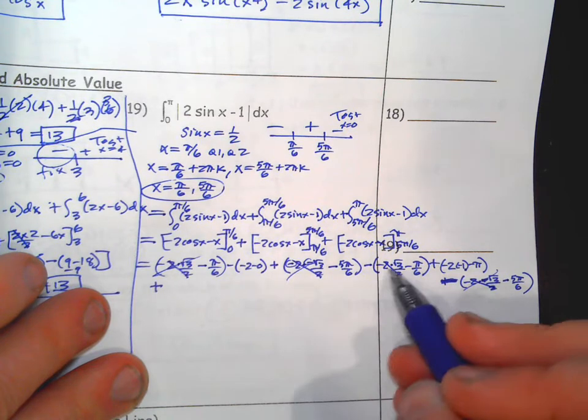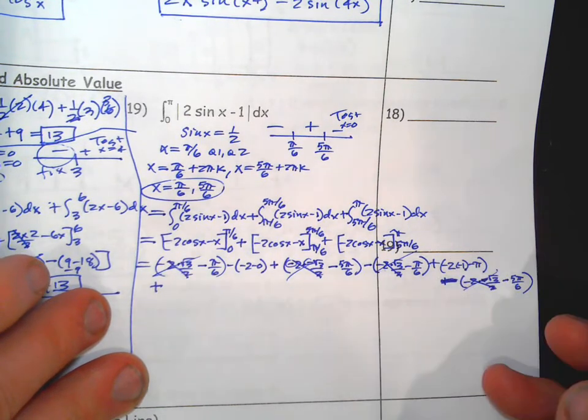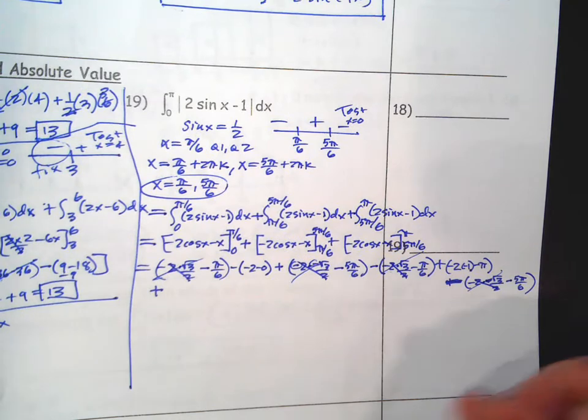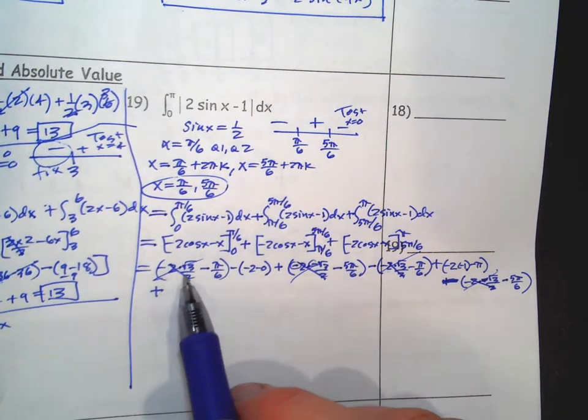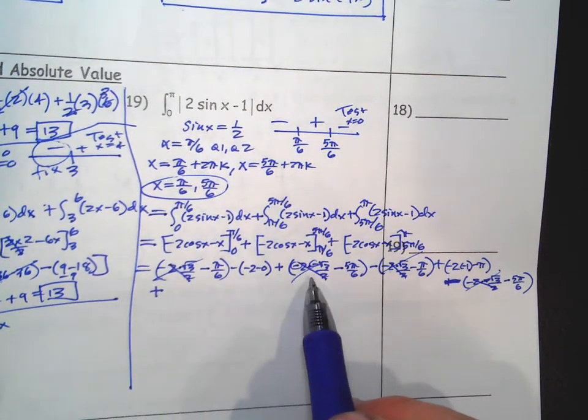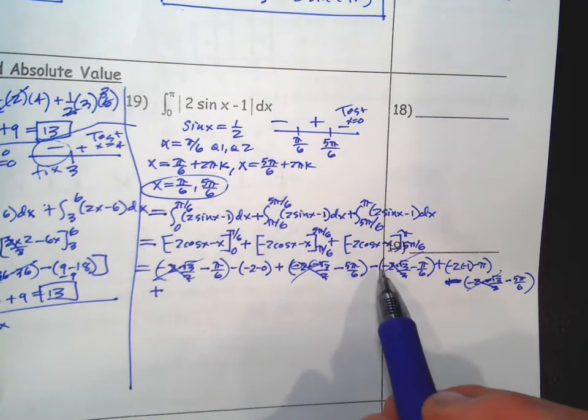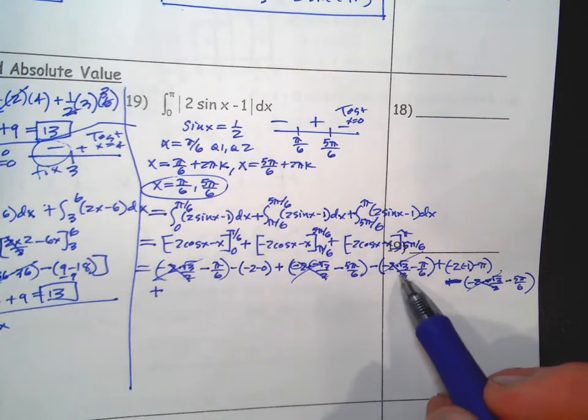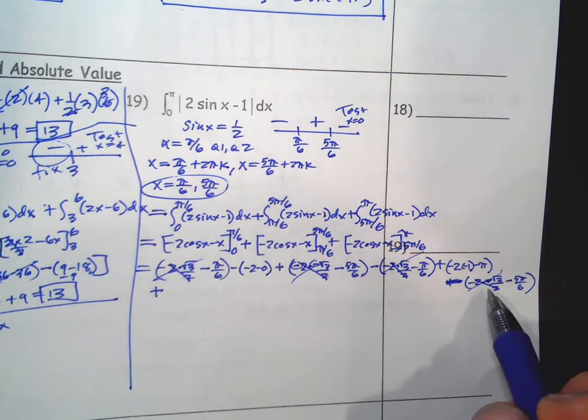So those guys cancel out. So do the root 3's really cancel each other? That's negative. That's positive. Minus, that's positive. That's negative. It seems like they all cancel each other out.